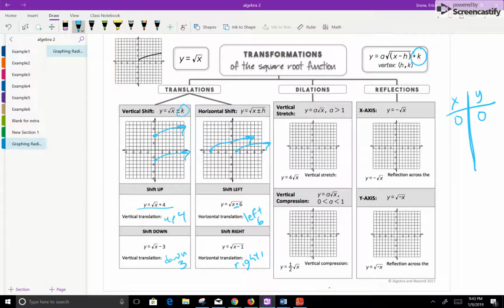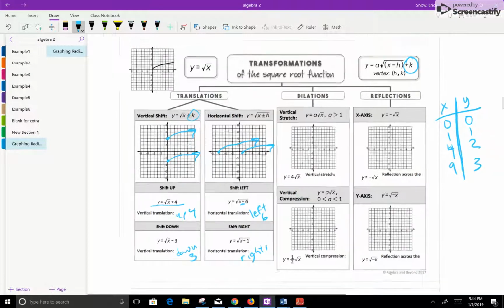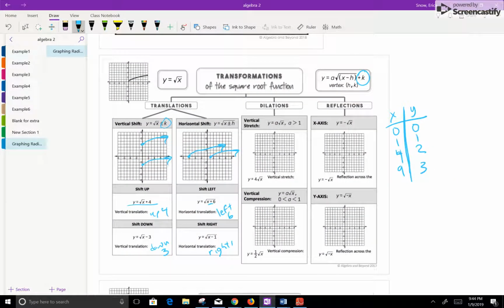We've got 0, 0, then we're going to have 1, 1, and 4, 2, and 9, 3. So that a value, I'm going to zoom this out just a little bit, is what we're going to multiply these y's by. So this is a vertical stretch by 4 and a vertical compression by 1/2.